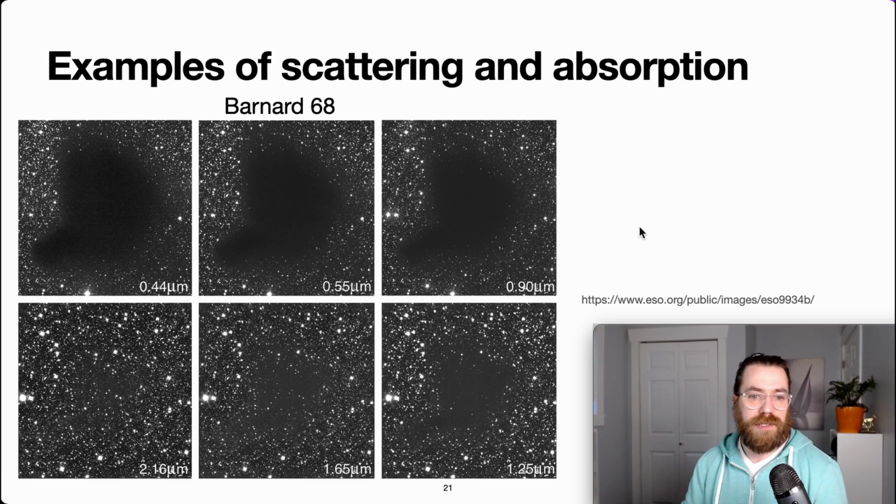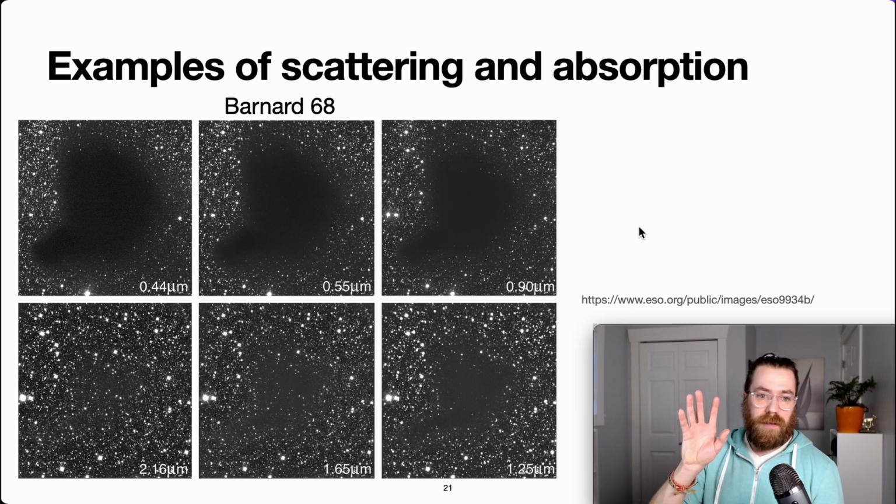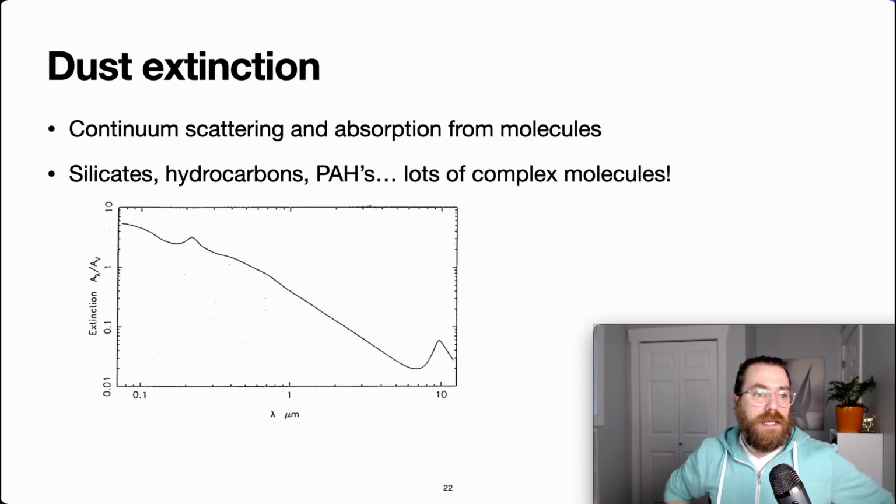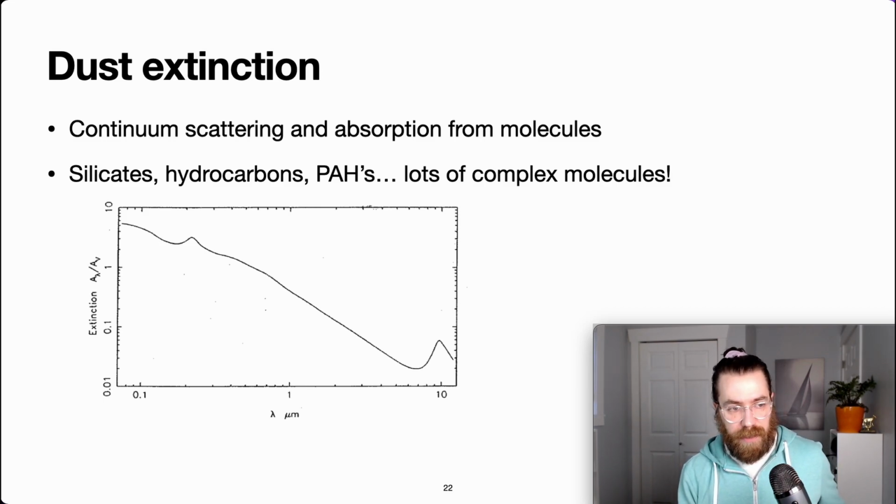So these two examples, nebulosity reflecting and scattering light out, and globules absorbing, are two examples of why this field is important. In observational astronomy, this whole concept of absorption is really important in understanding and modeling dust extinction.